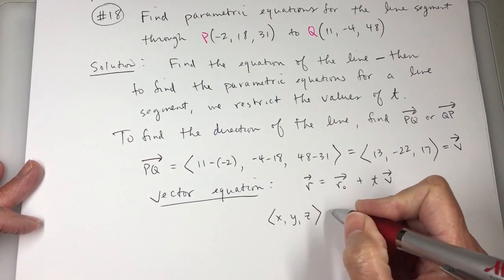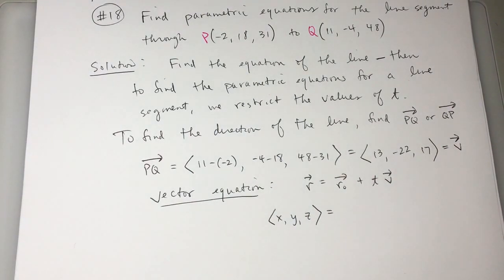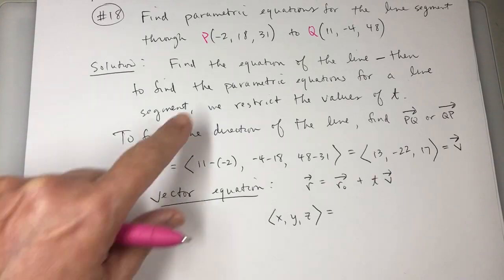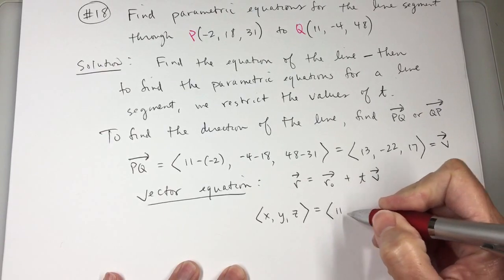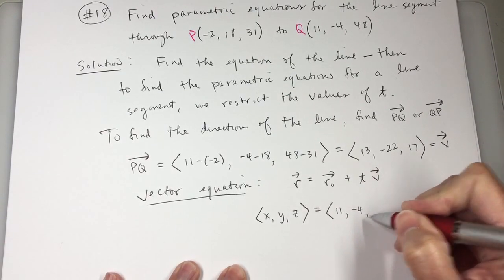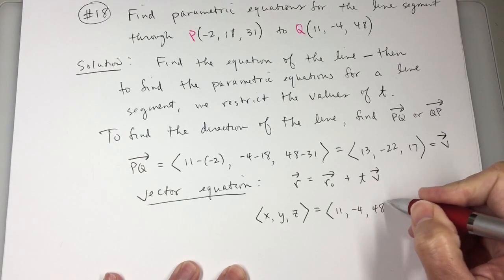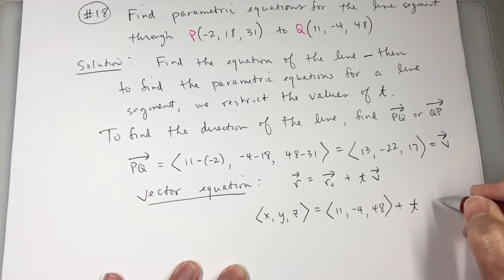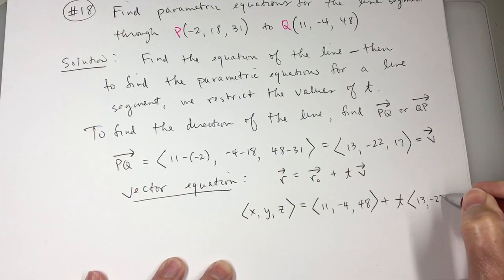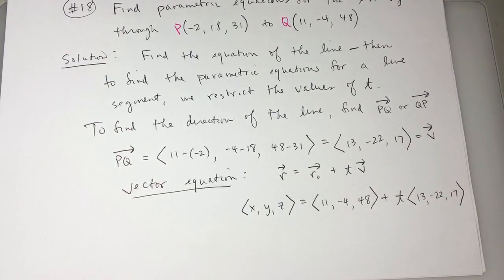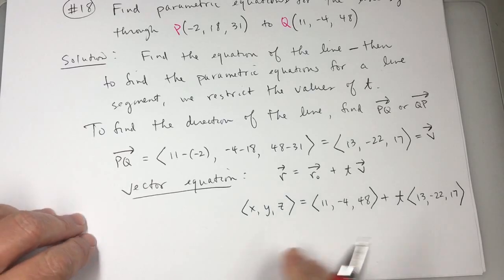For vector r sub 0, you can pick either point P or Q, but whichever one you pick, you're using the position vector. I'm going to pick Q this time. So the position vector that has Q as a terminal point, plus t times vector v, which is 13, -22, 17.